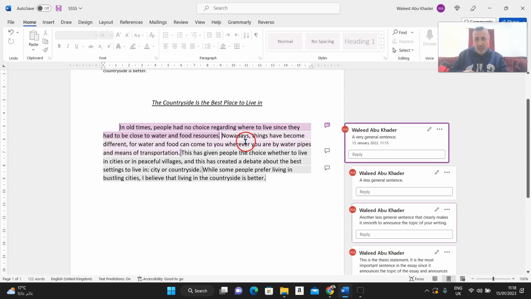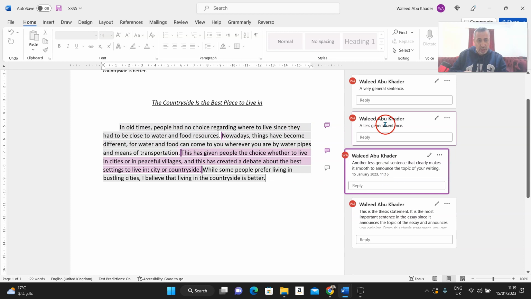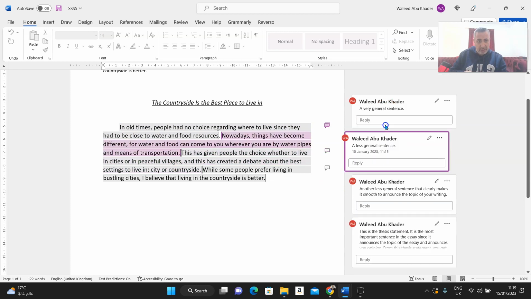Okay. Now, nowadays, things have become different, because water and food can come to you wherever you are, by water pipes and means of transportation, like trucks, airplanes, etc. So this is a less general statement here.